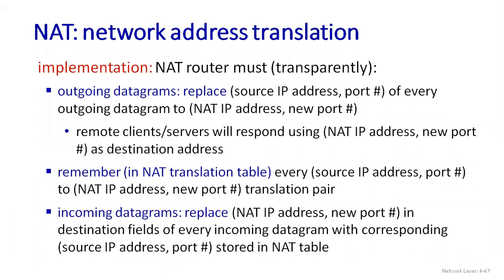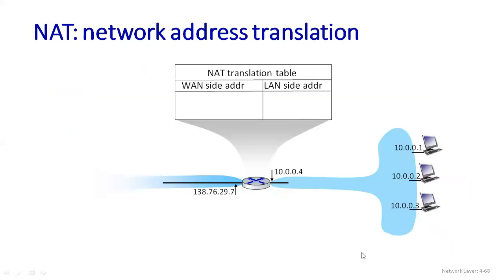Inside your NAT table, all the source IP addresses, destination IP addresses, NAT IP addresses will be stored with your port numbers, new port number, old port number, everything. From that NAT table, if you want to replace any IP address, you take this NAT IP address and pair it with your source IP address, and replace the new port number with your port number. In this way you can replace your incoming datagrams.